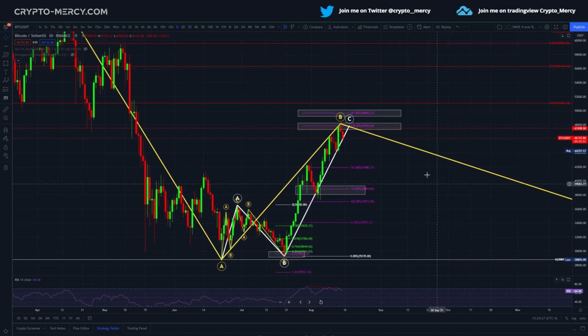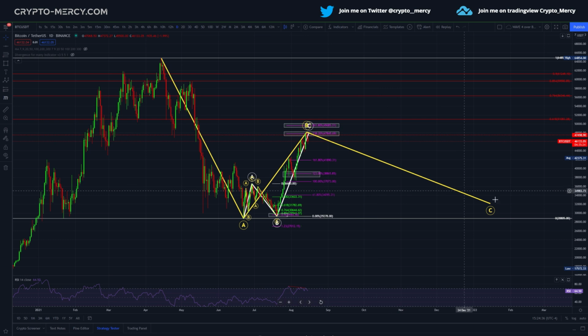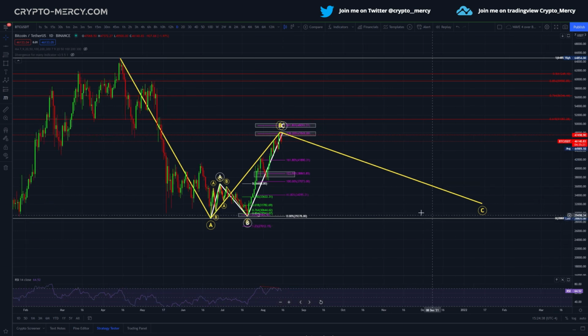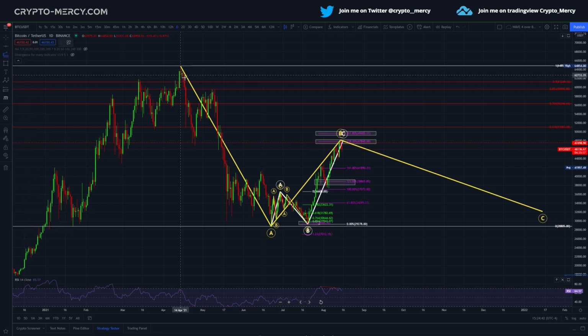So now we are under that resistance, and we can start to figure out the most probable target for that C wave in case this will play out. If I'm using the trend-based fib extension, now I can say that if we stop here at the 0.618, that we are inside the zigzag.